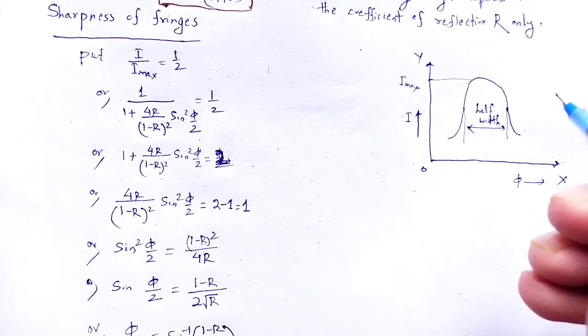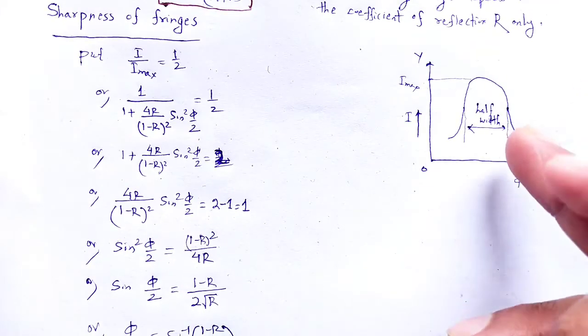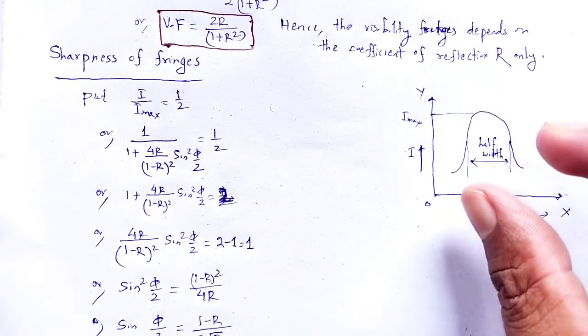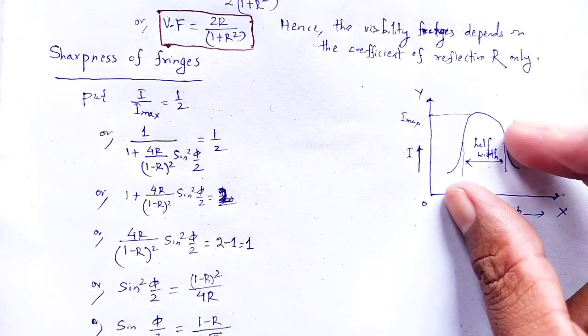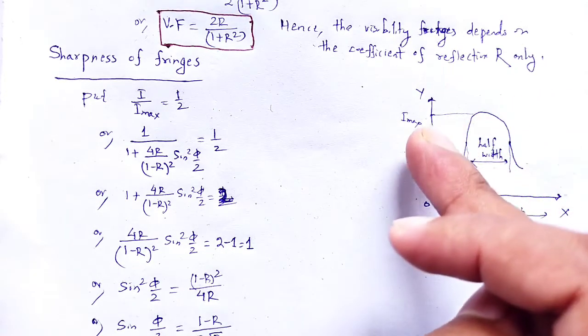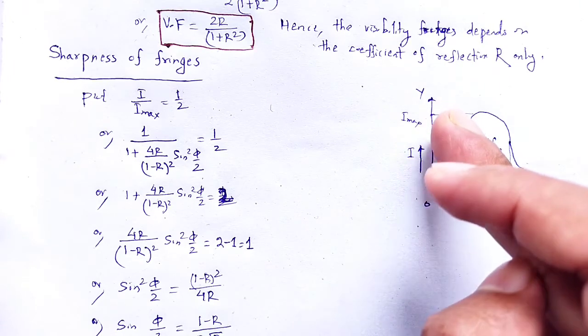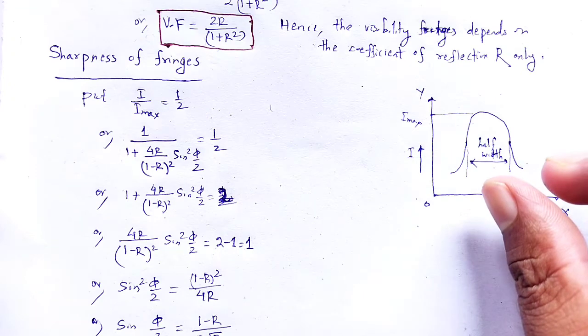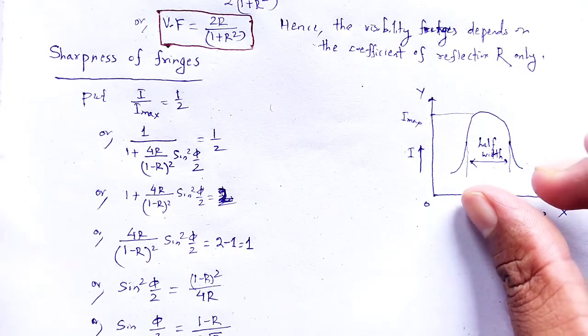Half fringe width is defined as the ratio of maximum intensity to half in order.